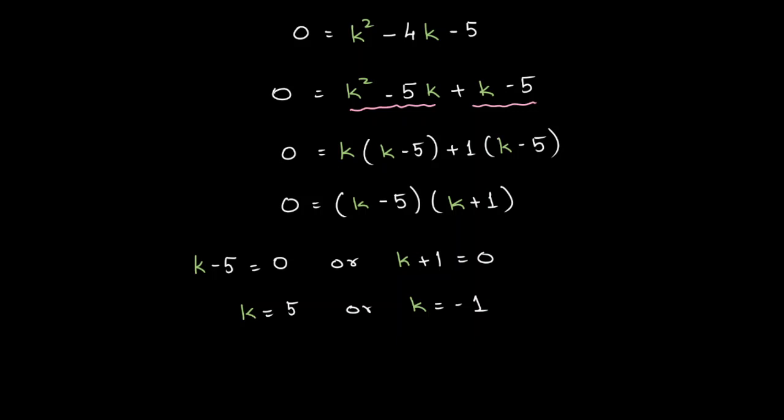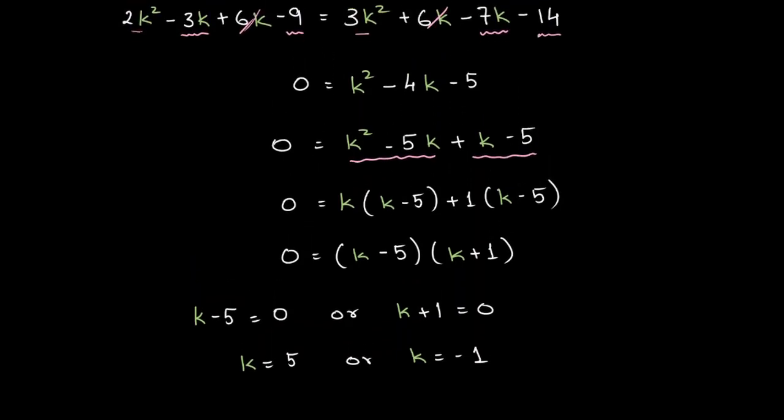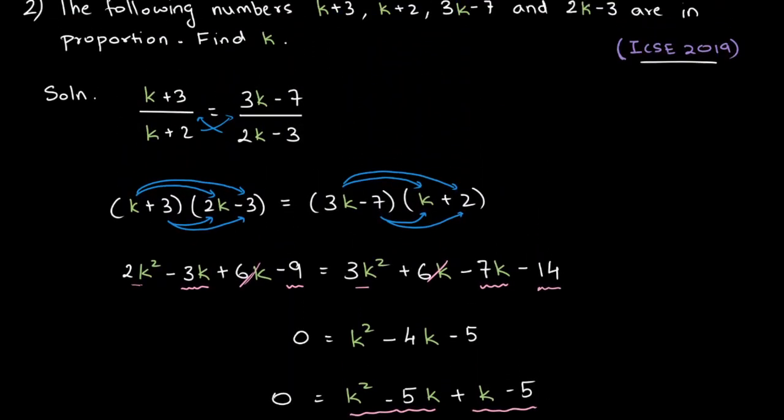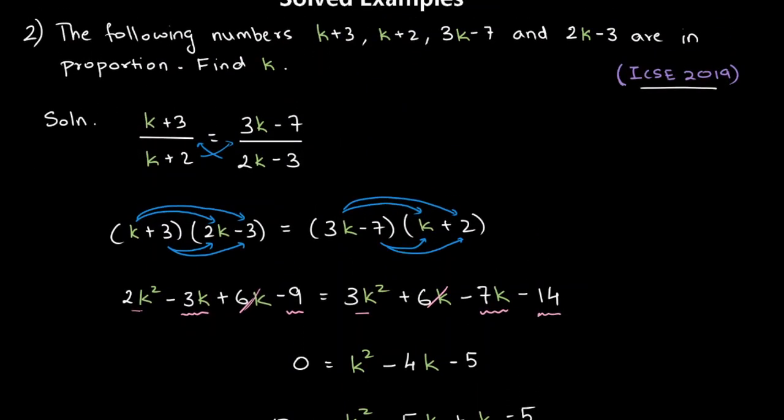And let me just check. So suppose if I substitute k is equal to 5 in my equation here, k plus 3, which is 5 plus 3, and here I get 5 plus 2, so that is basically 8 upon 7, right?